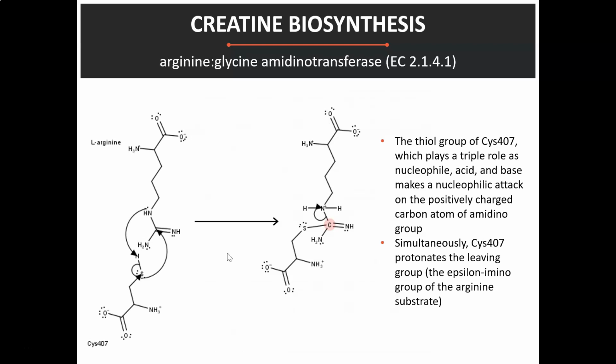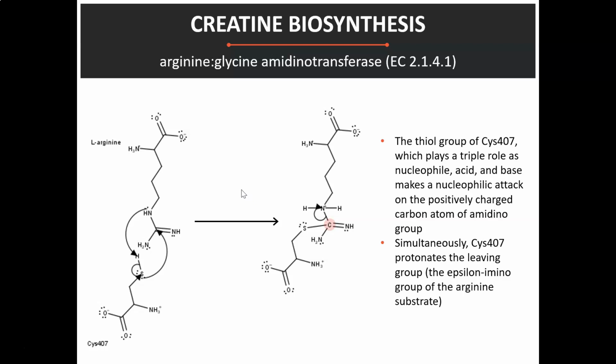The first reaction catalyzed by arginine glycine amidinotransferase occurs as follows. The first step utilizes the thiol group of the cysteine 407 residue. This residue harbors three functions, specifically action as a nucleophile, acid, and a base.